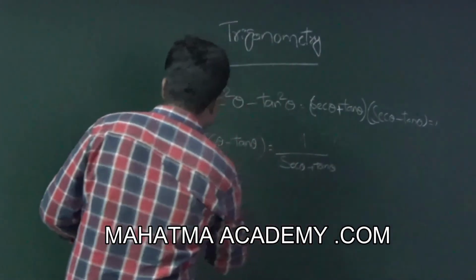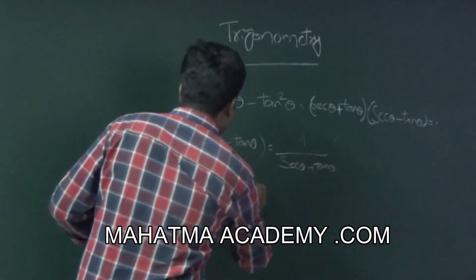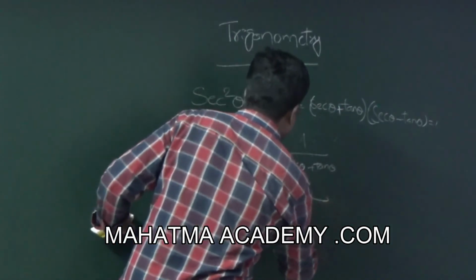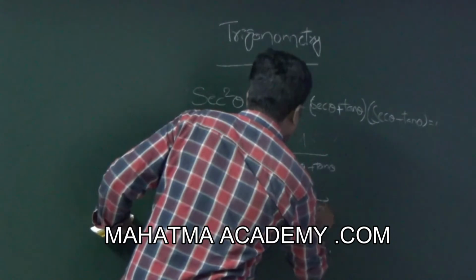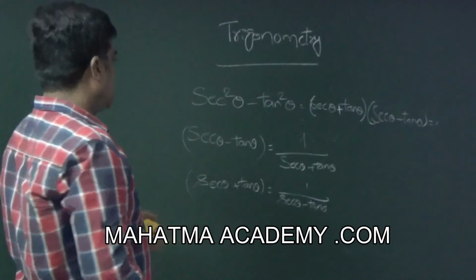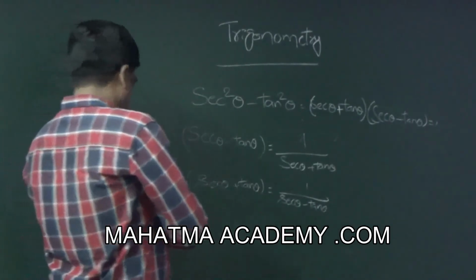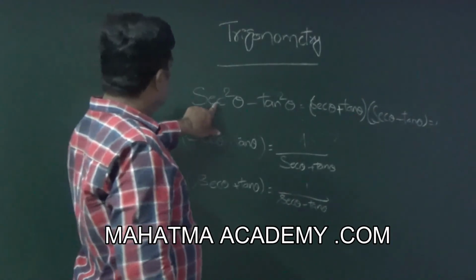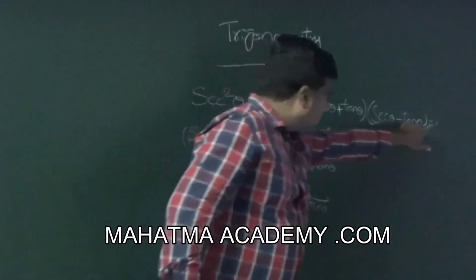In similar way, secant theta plus tan theta equal to 1 upon secant theta minus tan theta. The problem looks like this. Understand? Secant square theta minus tan square theta equal to 1.